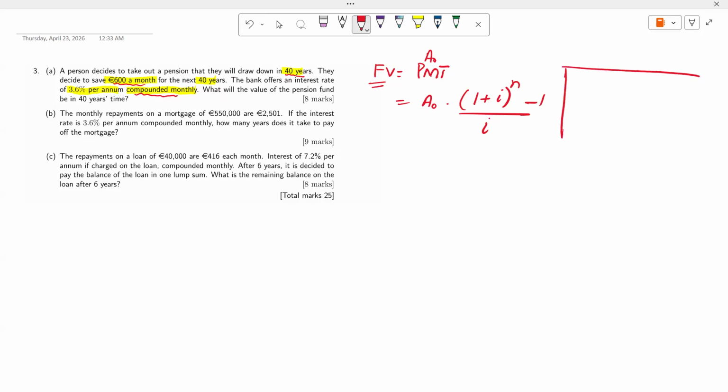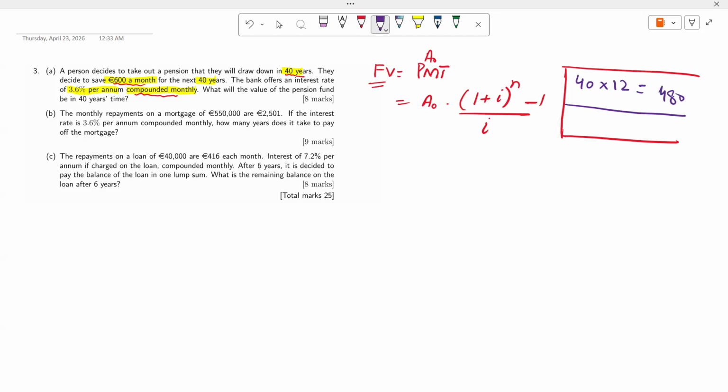So here I can refer to two different cases. First, the compounding is done on a monthly basis. In that case, you will multiply 40 by 12. In every year you have 12 months, and in total you have 40 years, so you multiply 40 into 12 to get the value for n, which is 480 months.